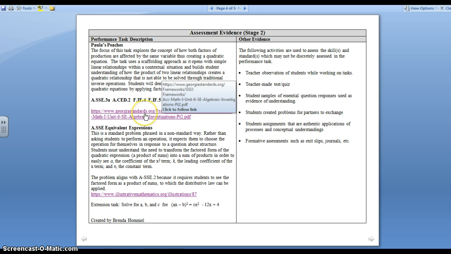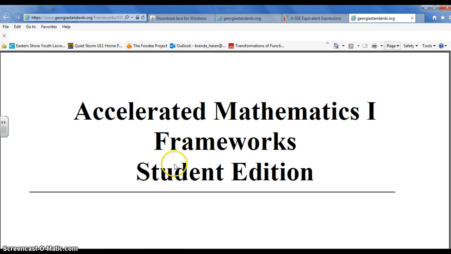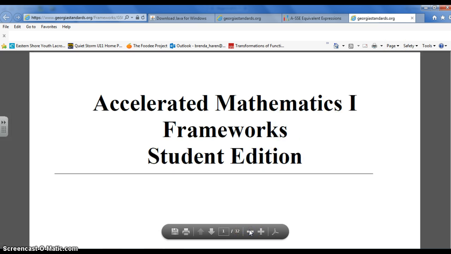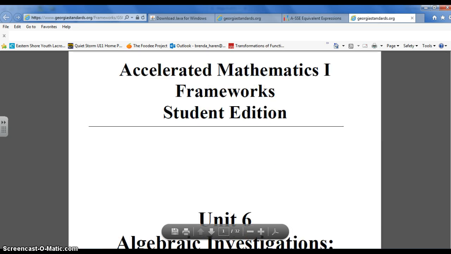If we click on the link to view the task, we open it up. We see this task comes from the Georgia State Department of Education. Go ahead and minimize this a little bit. As you page through, you'll notice it's 32 pages. It is very in-depth.